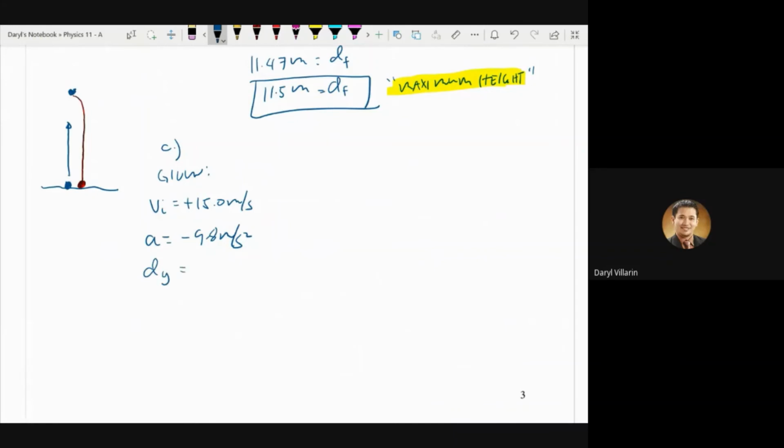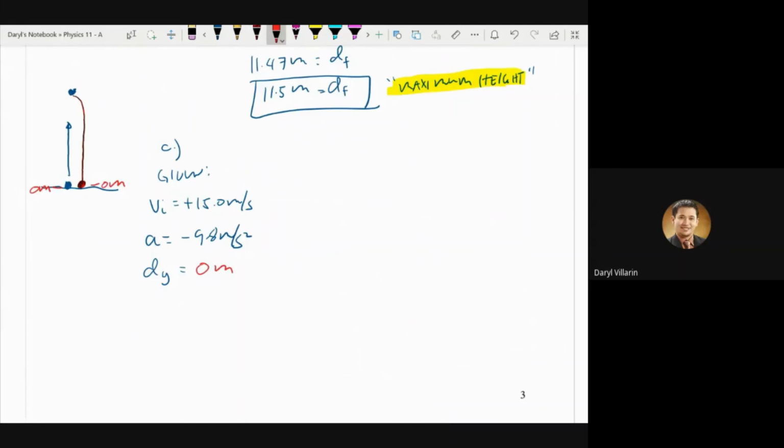Is it not that we always set our initial position at 0 meter? And if you can see, if it goes back down, the position is also 0 meter. Again, if it goes back to its initial position, that means that position is the same thing as the initial position, which is 0 meter.